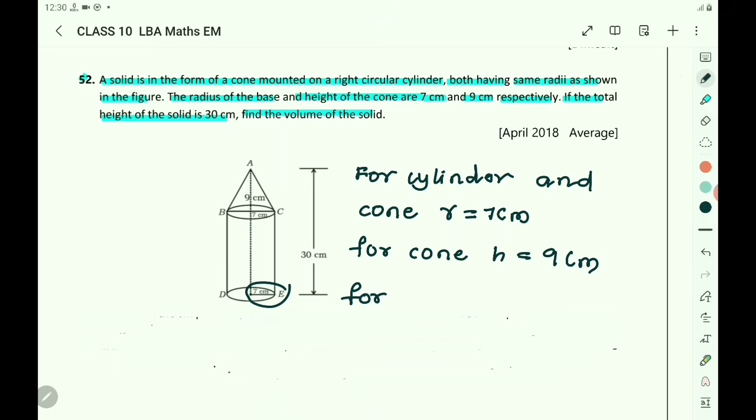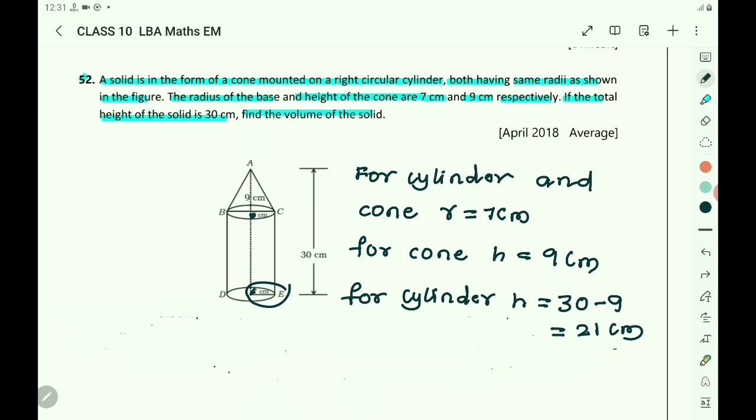And for cylinder, h equals 30 minus 9 equals 21 centimeter. From here to here, the height of the cylinder is 30 minus 9, which is equal to 21 centimeter.